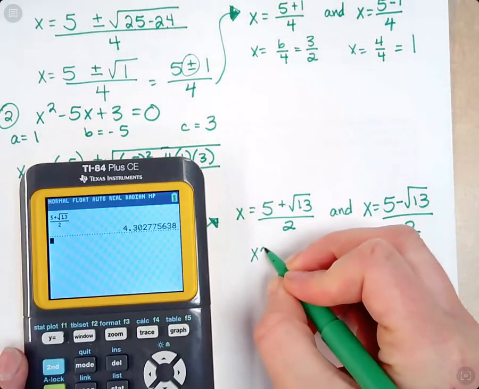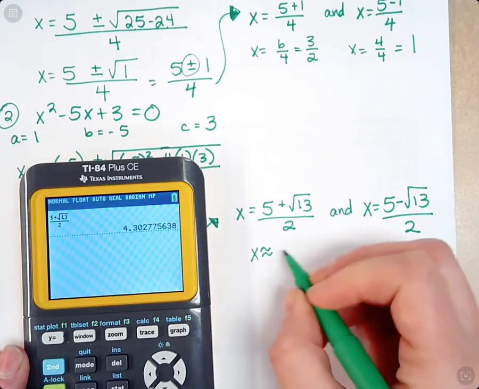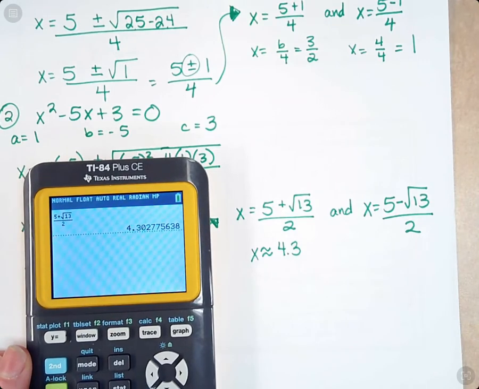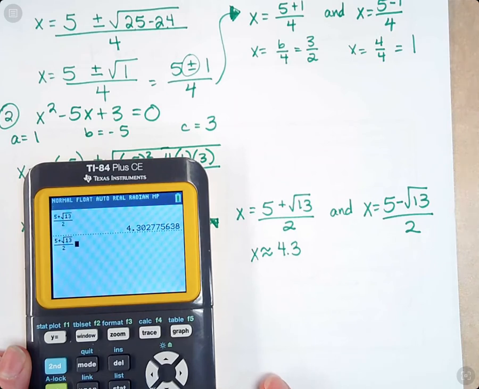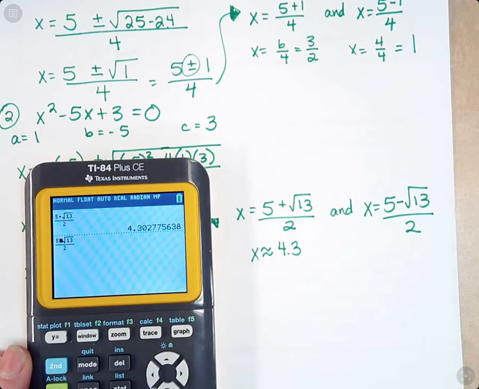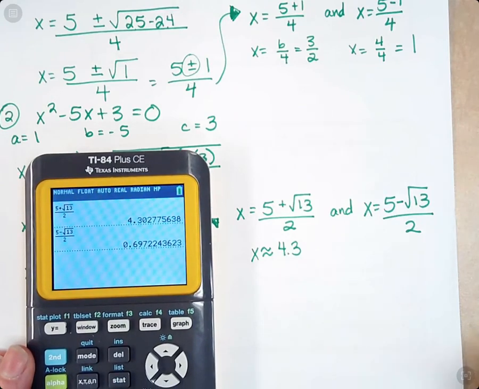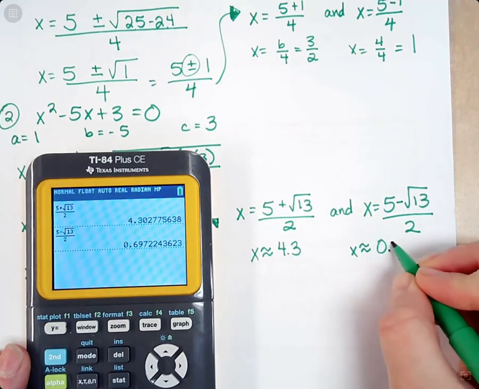So x is estimated to, or approximately, 4.3. And then the other one, you can just change that plus to a minus pretty easily. Make sure you put minus and not negative. And we'll round this one. It'd be 0.7.